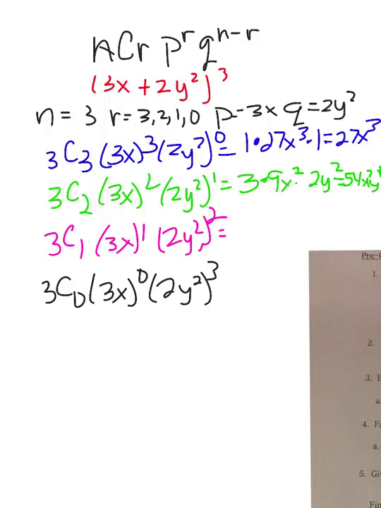3C1 is 3. (3x)¹ is 3x. (2y²)² is 4y⁴. So 3 times 3 is 9 times 4 is 36xy⁴. And the last one, 3C0 is 1. (3x)⁰ is 1. (2y²)³ is 8y⁶.